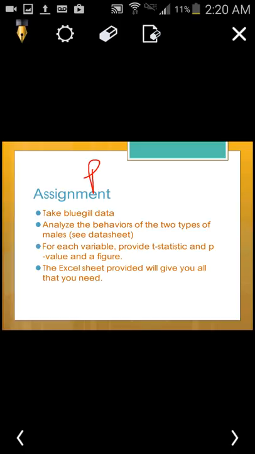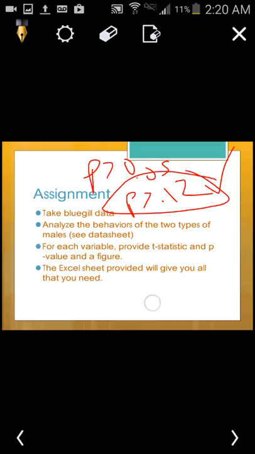Say the p-value is greater than 0.05. It's a p-value of 0.12. That would say that there is not a significant difference.